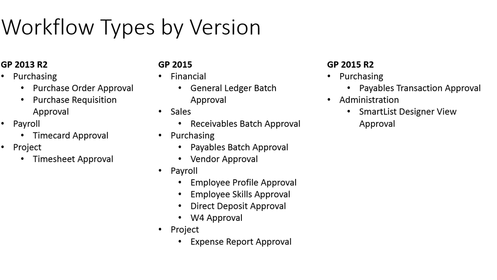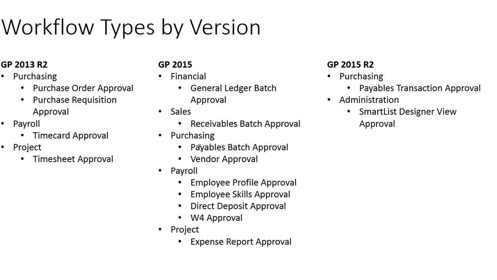In 2015 R2, we have payables transactions approval. I just want to point out that with payables transactions approval, you're approving one specific document, an invoice, as opposed to the option in 2015 with payables batch approval, which is approving an entire batch of invoices.